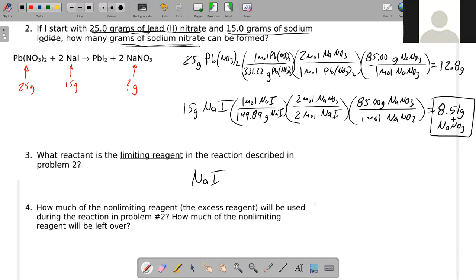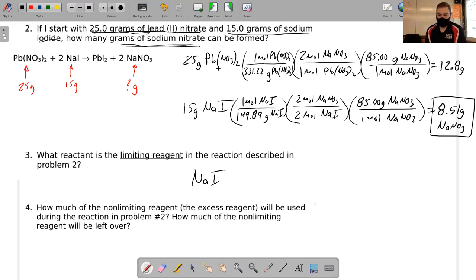So how much of the non-limiting reactant is going to be used? The lead nitrate, you're not going to use up all 25 grams of lead nitrate. You're going to use some of it, but not all of it. And the trick there is to take the amount of sodium nitrate that you predict you should actually make and convert that back into a mass of lead nitrate.